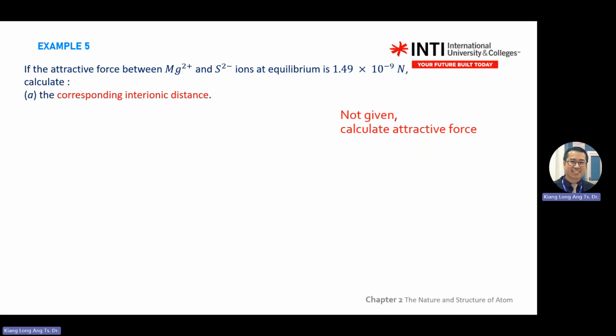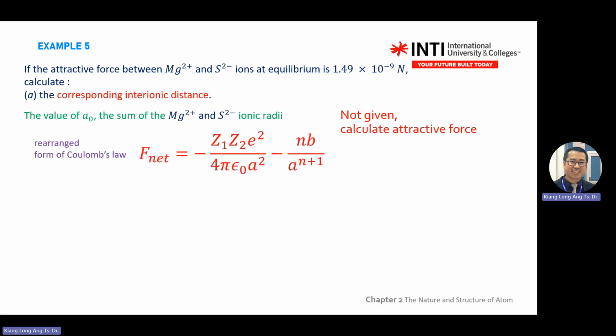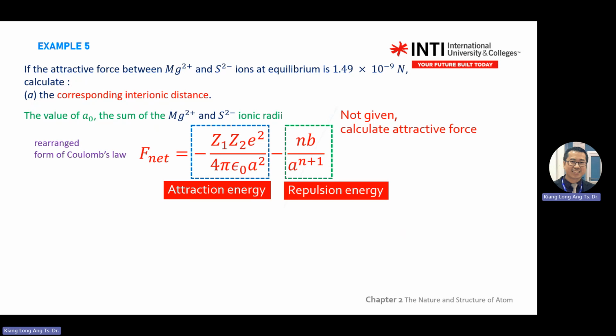So for example, this one A, because the attractive force is not there. So you write F net equal to this equation plus this equation. The front one is attractive, this one is repulsive. So we're interested to find the attractive force, right? We calculate the attractive energy first.